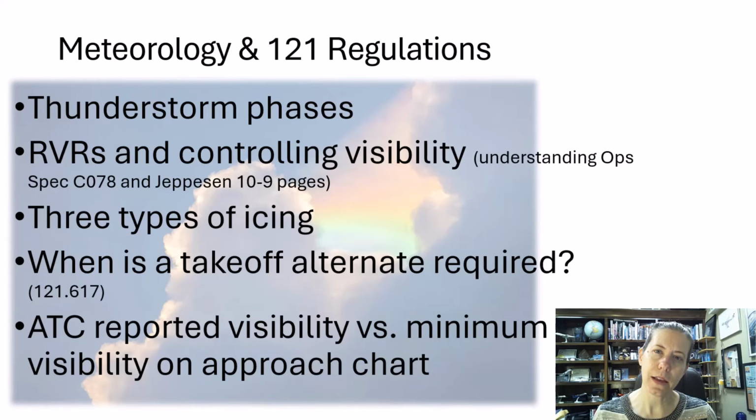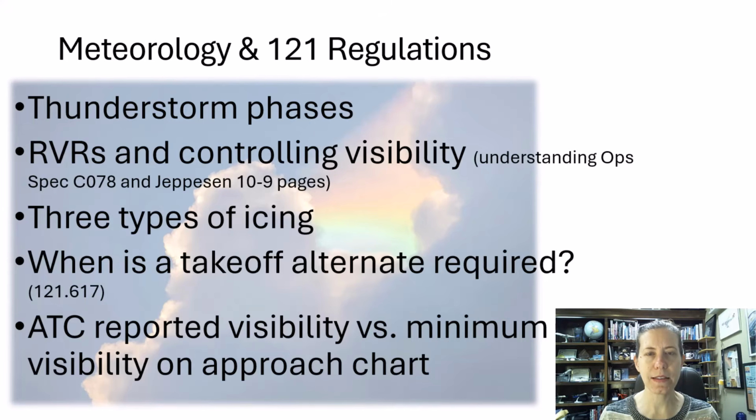Questions about the legality of ATC's reported visibility versus the minimum visibility printed on an approach chart. Aha! Now we have to go back to the definition of flight visibility. If you look at 1.1 of 14 CFR, flight visibility is determined by the pilot in flight by seeing prominent objects on the ground.